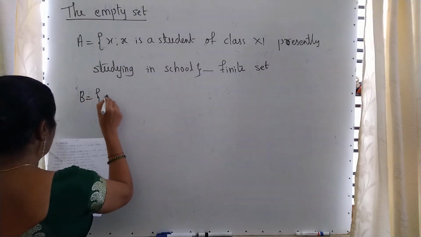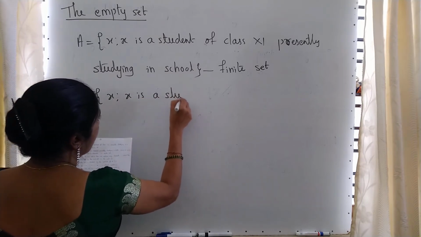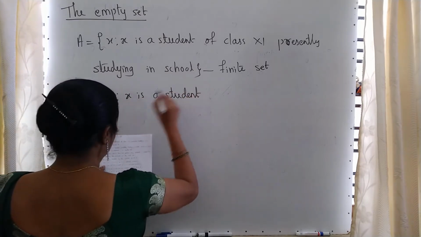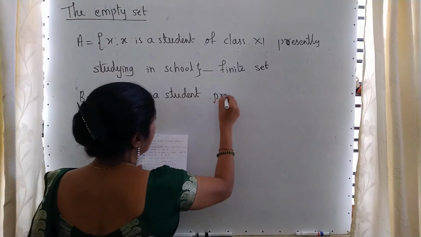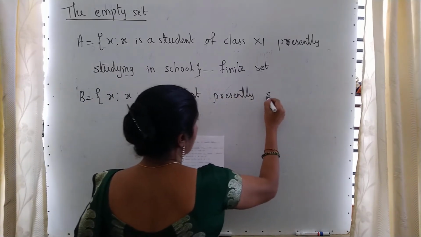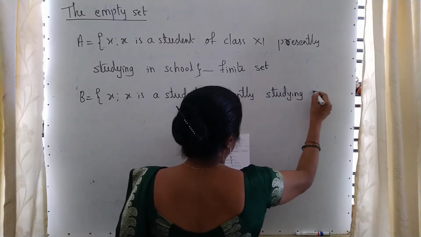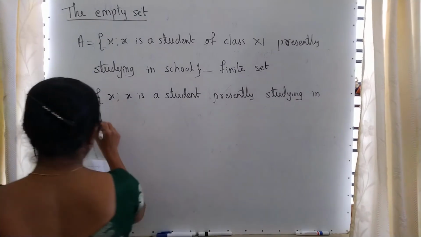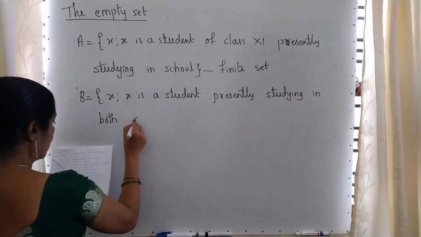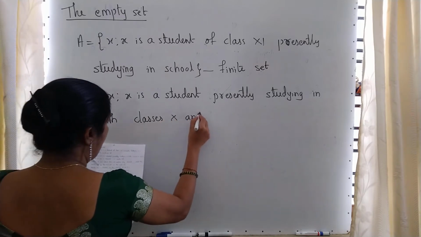And second one, B: x such that x is a student presently studying in both classes 10 and 11.